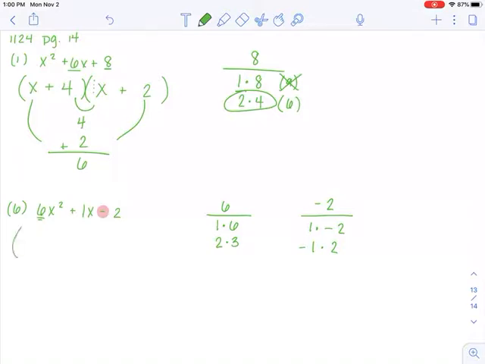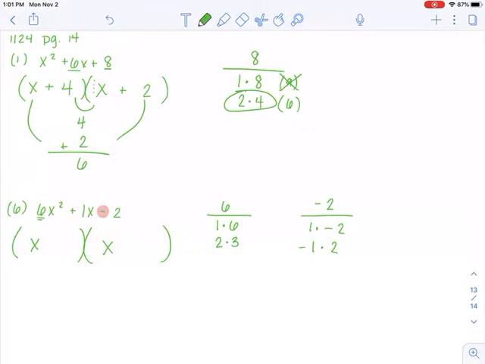Again, first step, I'm going to set up my parentheses for my 2 binomials. Now this part is a little bit more of a trial and error kind of thing. We know we're going to have to break apart our x. However, since we have a leading coefficient, we will have to plug in our factors of 6 in these spots, and then our factors of 2 will go in these spots.